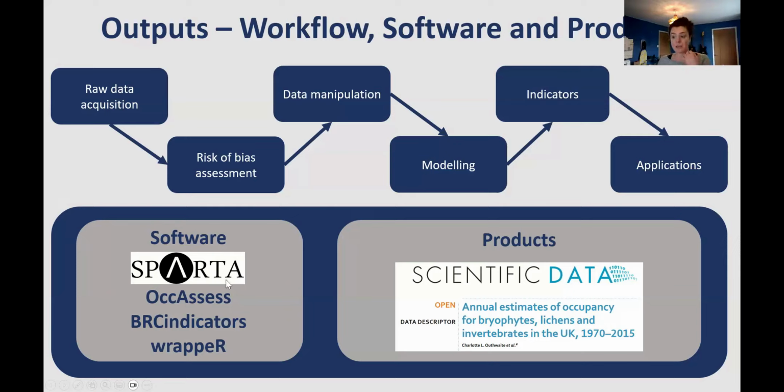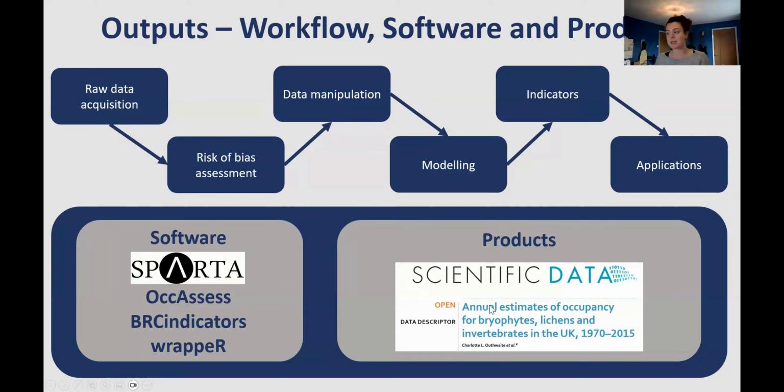There is the OCSS package that I also showed you before that derives those metrics of bias in the data, as well as different other pieces of software that help us make these different steps in this workflow more reproducible. We've also produced data products, such as this data set of annual estimates of occupancy for thousands of species in the UK between 1970 and 2015, which is publicly available and free to download.